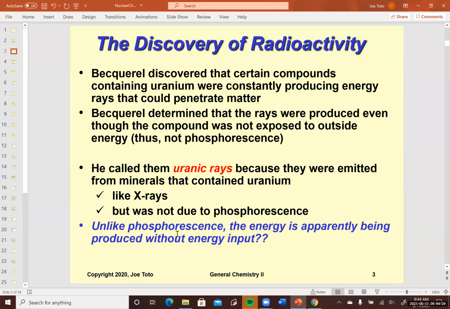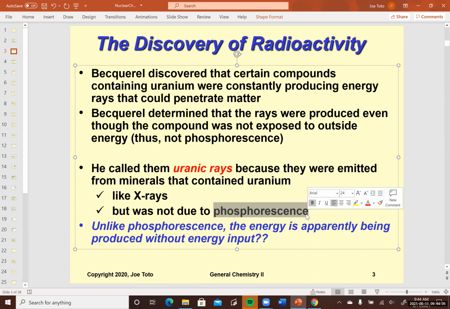But the thing was that it was different from, say, phosphorescence, which is a property where you take a compound and you expose it to an energy source like light, and then you take the energy source away, and then it glows. It re-emits the light.